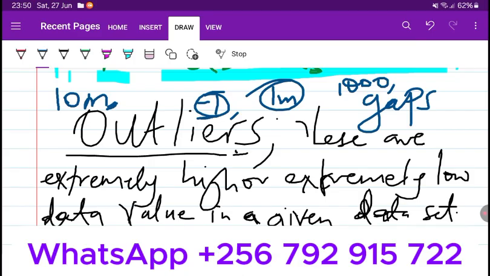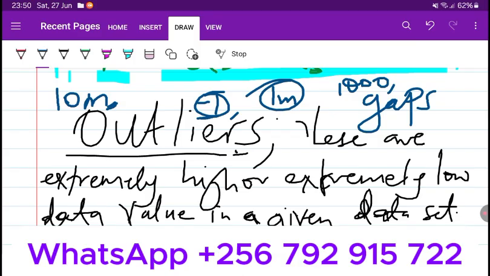Even when the values seem not to deviate so much from each other, if we do some computations, we can identify that this is an outlier, because we know how to compute both the lower and the upper limits. We are going to pick a question, then we see what is going to happen.